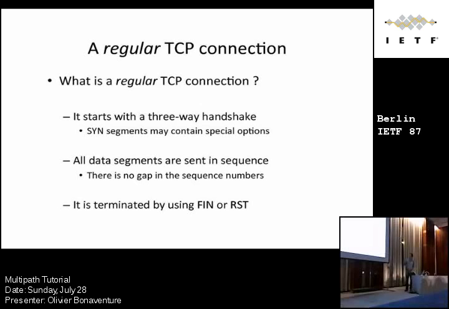A regular TCP connection should start with the three-way handshake. And we know that in the three-way handshake, we can use options to indicate that we do something more than regular TCP. The data segments that we send must be sent in sequence. Otherwise, you will have firewalls or TCP normalizers that will block the out-of-sequence segments, so we cannot have gaps in the sequence number. And we have to terminate the regular TCP subflow by using FIN or reset.